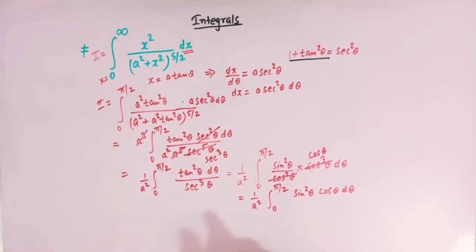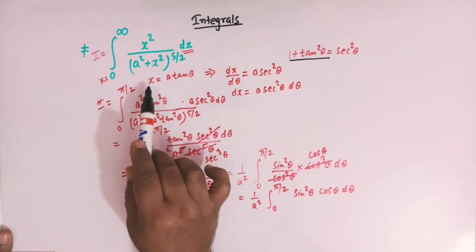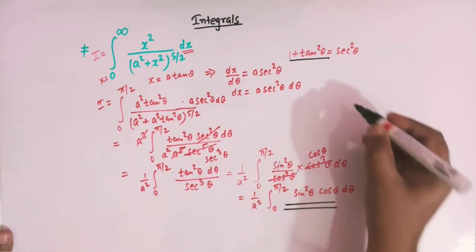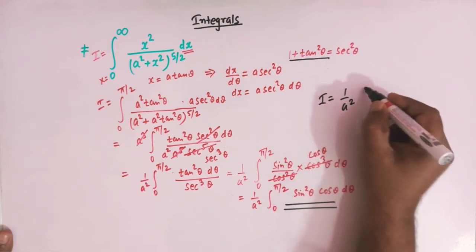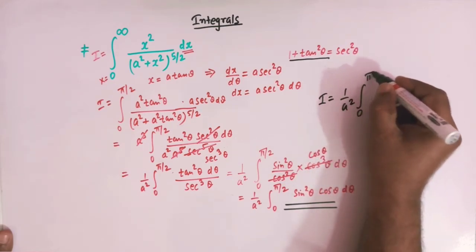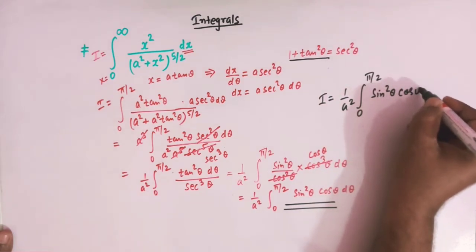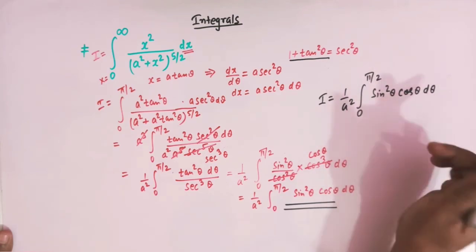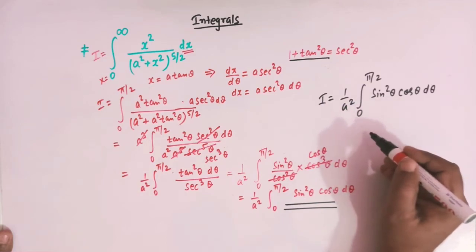So now this integral, after making the substitution x is equal to a tan theta, reduces to this integral, right? So now I can be written as 1 over a square, and we have 0 to pi by 2 and sine square theta cos theta, right? And now we can solve this integral by again making use of the method of substitution, right?